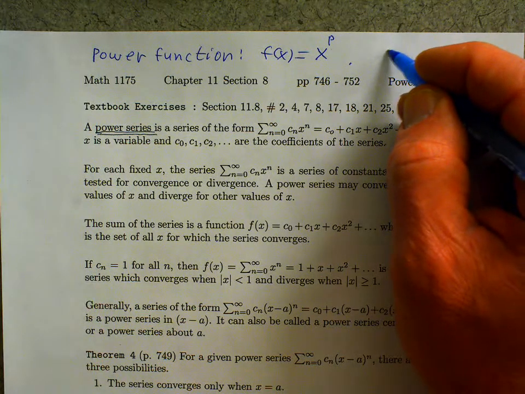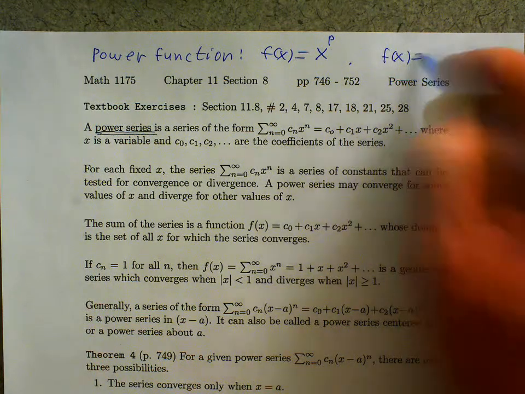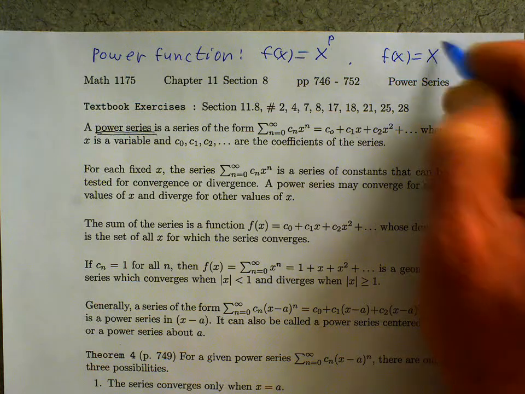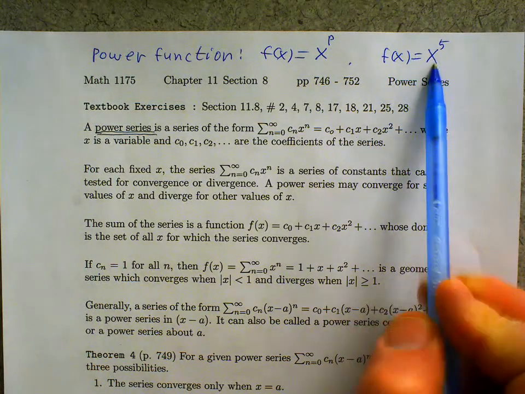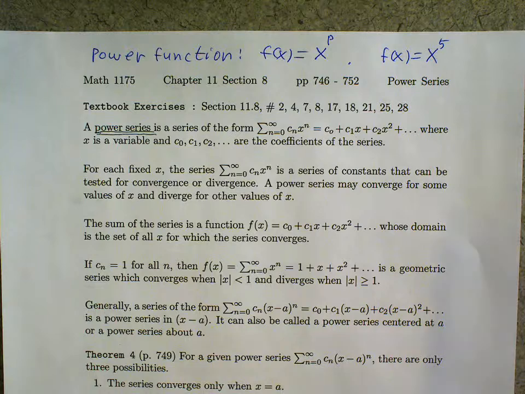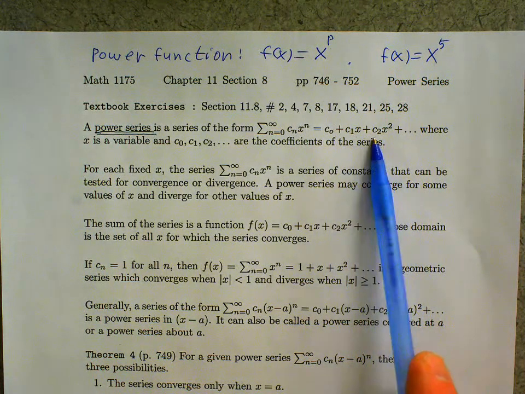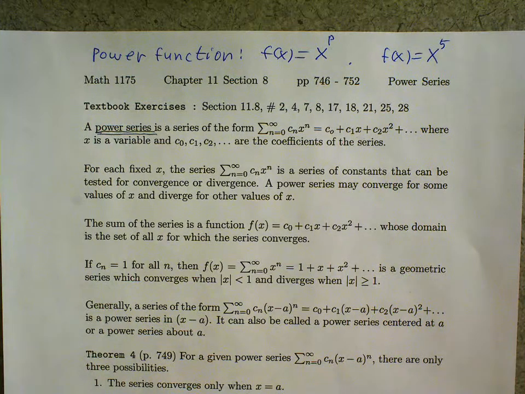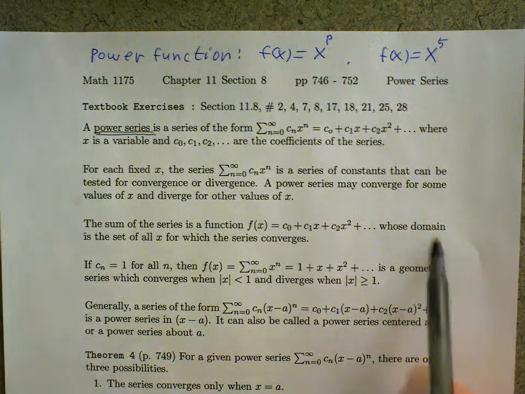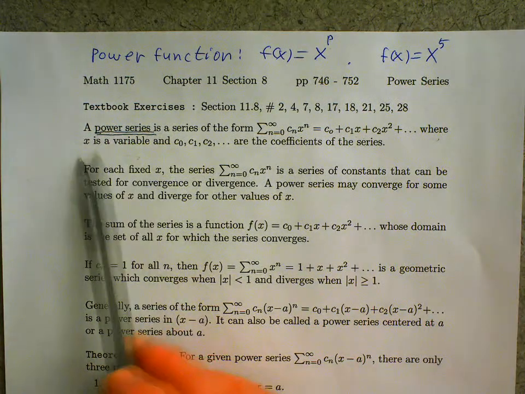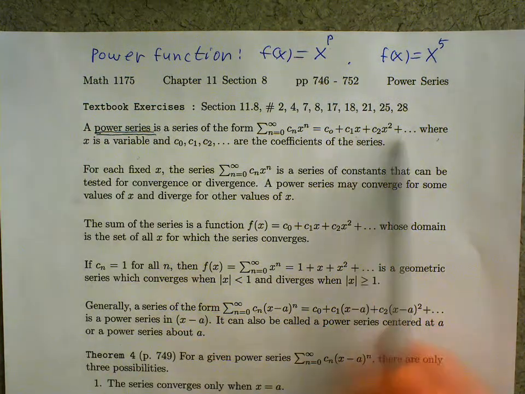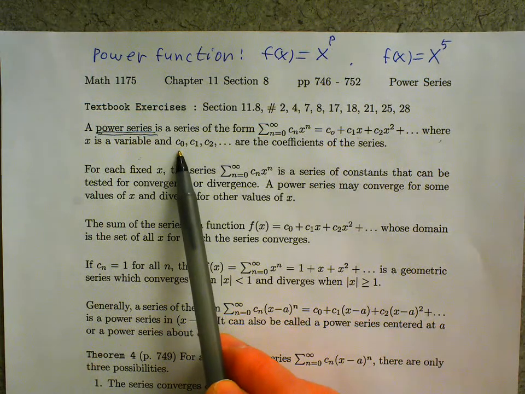So a specific example, f of x equals x to the fifth, is a power function. So the individual terms are just power functions, hence the term power series. x is a variable, and then the coefficients are c sub 0, c sub 1, and so on.